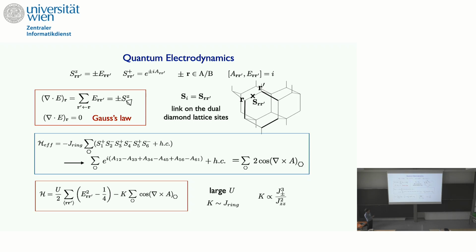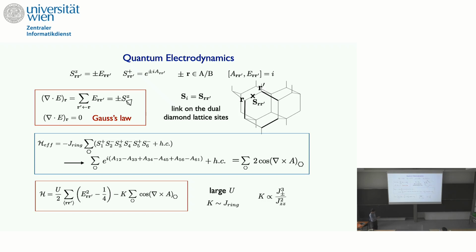The magnitude of Sz has to be plus or minus 1/2, so we constrain the electric field squared to be 1/4. Then you end up with this lattice U(1) quantum electrodynamics Hamiltonian on the pyrochlore lattice. Now you can map this problem to a lattice quantum electrodynamics problem.